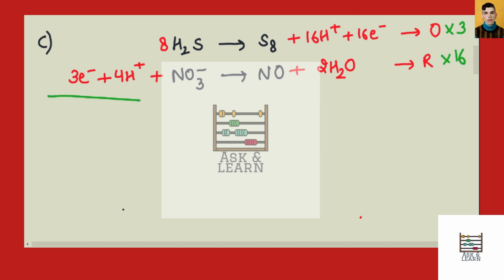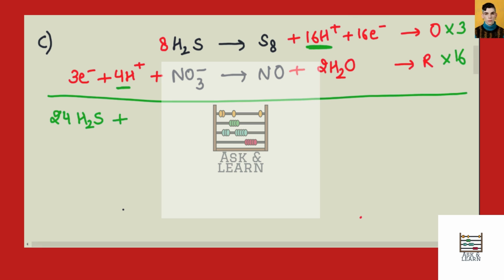reactions. So this will come out to be 8 into 3 is 24. So 24 hydrogen sulfide plus, we will have 64 H positive here, and we will have 48 H positive here. So 64 minus 48 is 16. 16 H positive plus, and we will have 16 nitrates.